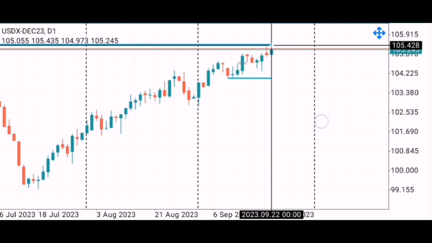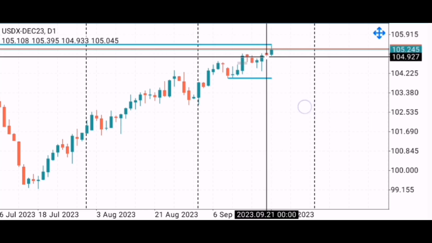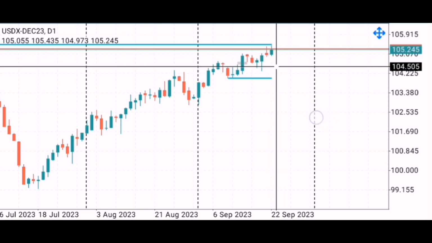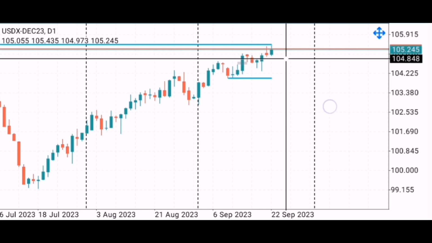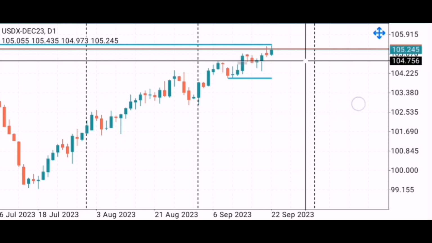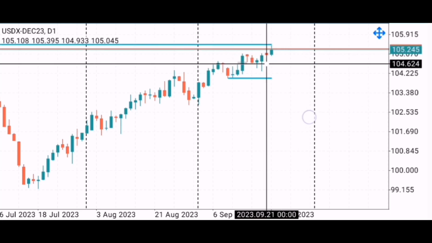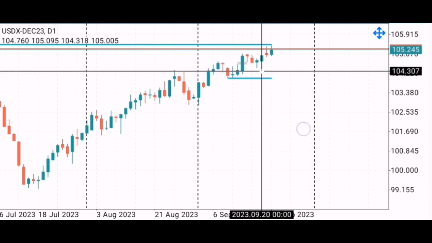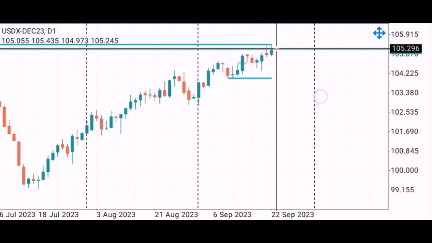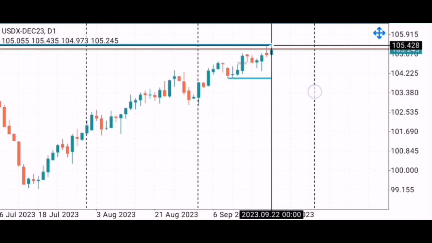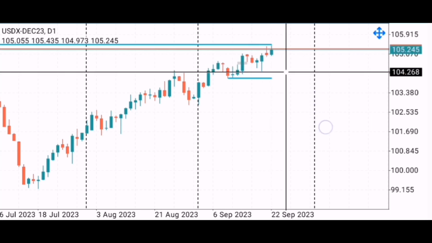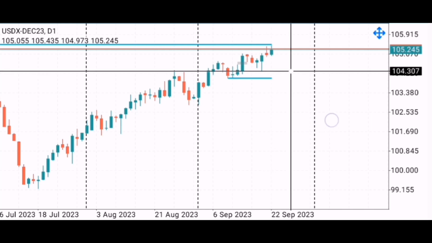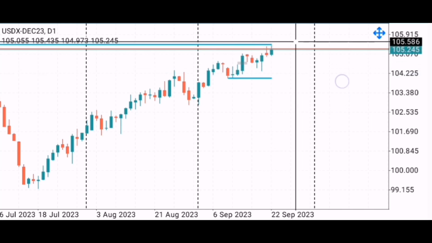and rejects, begin to seek lower prices trading into this level over here, which below it is also a fair value gap, and then I'm expecting from there price to react, seek higher prices. Another scenario is that price can potentially trade below, crashing after taking out this level, take out this level over here, and then potentially react off it and begin to seek higher prices.